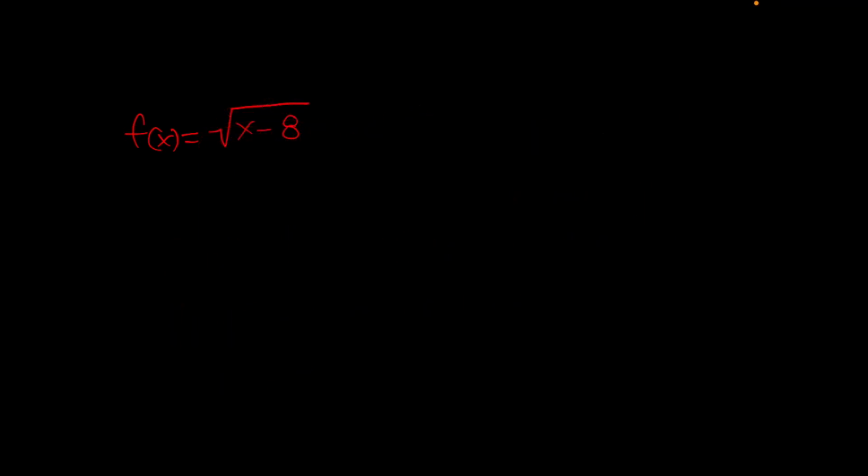Alright, so let's say we have a function like f of x equals the square root of x minus 8. Well, x minus 8 has to be greater than or equal to 0.